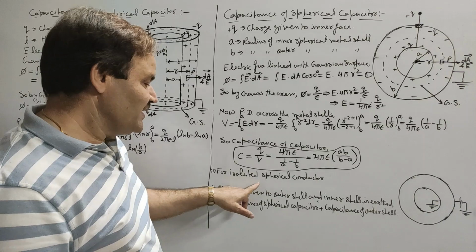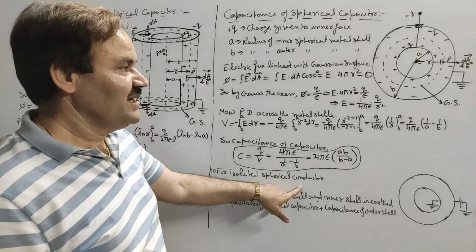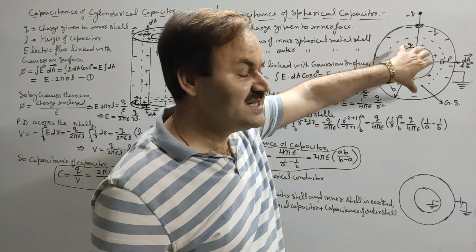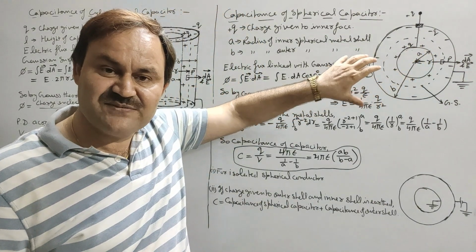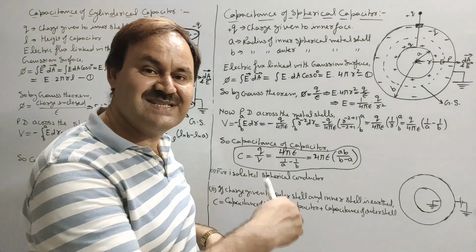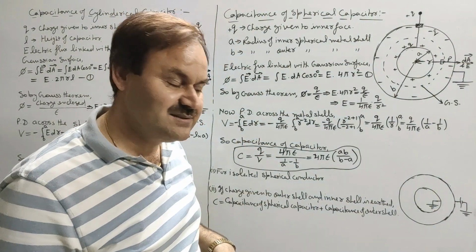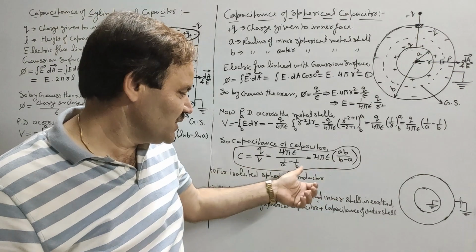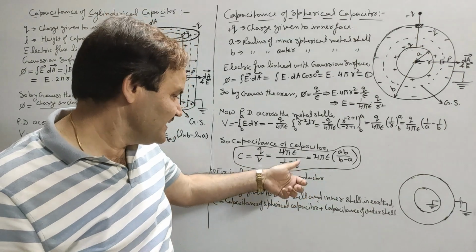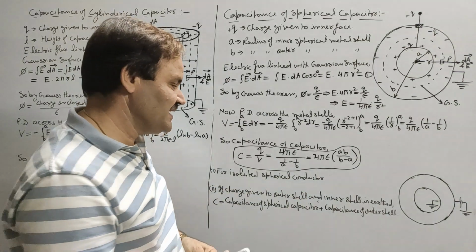Now for isolated spherical conductor, an isolated spherical conductor can be considered to be a spherical capacitor with its second plate at infinity. So for isolated spherical conductor, we can put B is equal to infinite in this expression of capacitance.